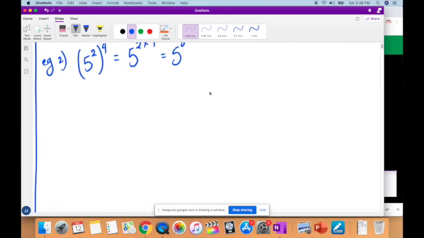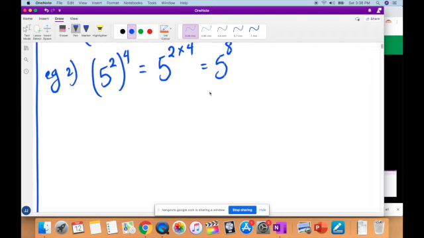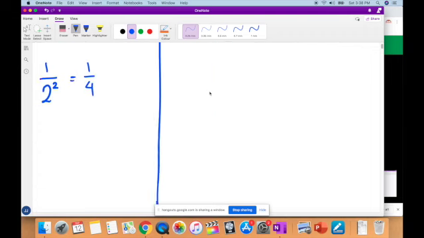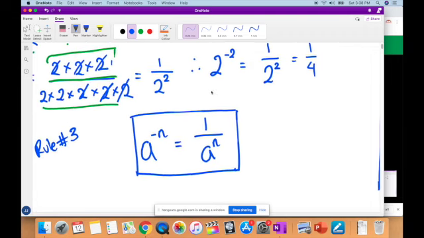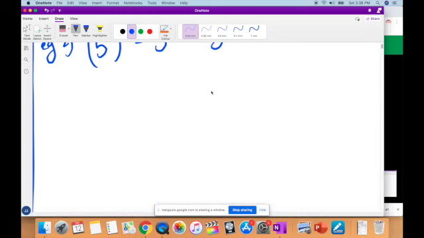So what's the generalization for this one now, Scotia? This is rule number 4. What's the generalization for this?